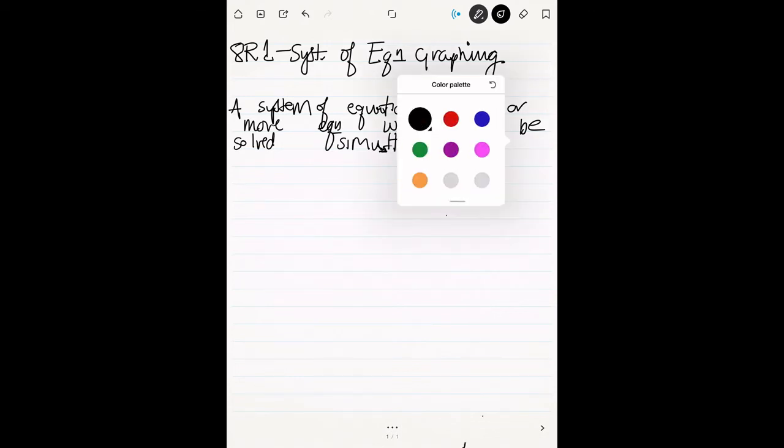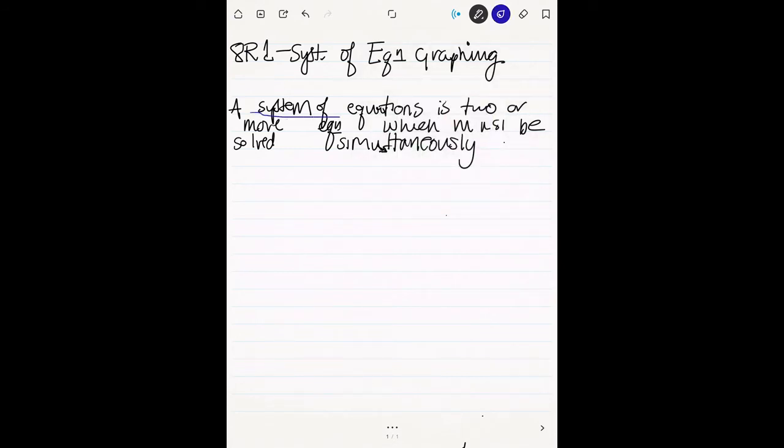What I mean by that is, it's not enough for just one of them to be true, but both or all of them need to be true at the same time.